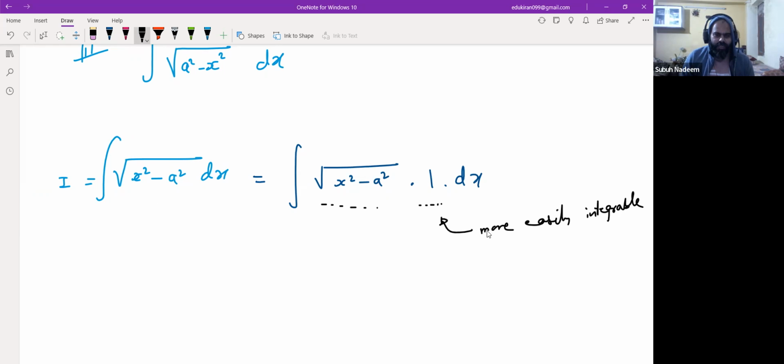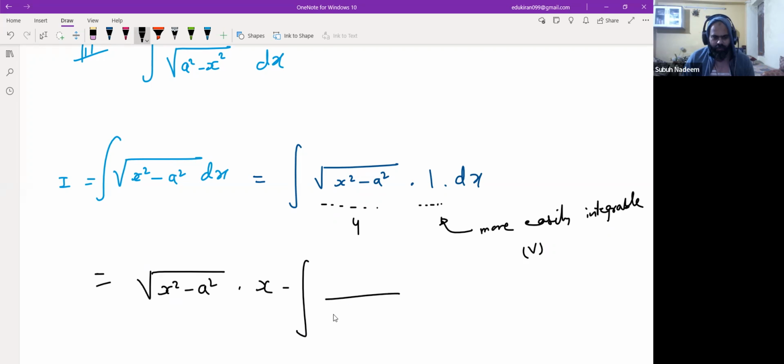So we will take it as u and 1 as v. I will write root over x square minus a square into integral of 1, which is x, minus integral of the derivative of u. So that will become 1 by 2 root over x square minus a square into 2x by chain rule, into x dx. We write it like this. Can we write it like this?